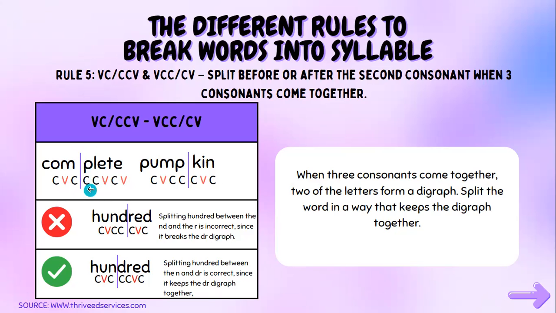So whenever we have 3 or more consonants in between 2 vowels, we look at the digraphs and treat them as one letter. Once we've simplified it and are treating the digraph as one letter, then we know between which 2 consonants to split it.